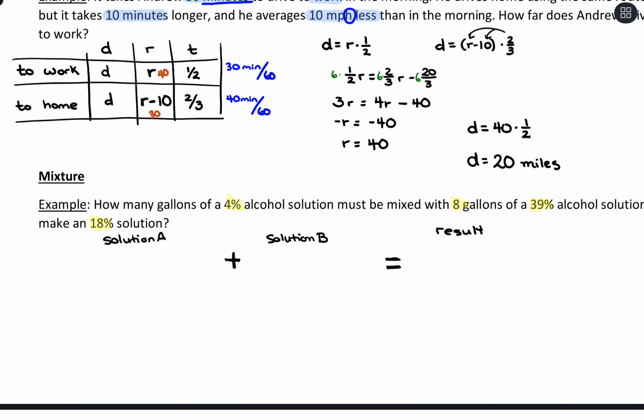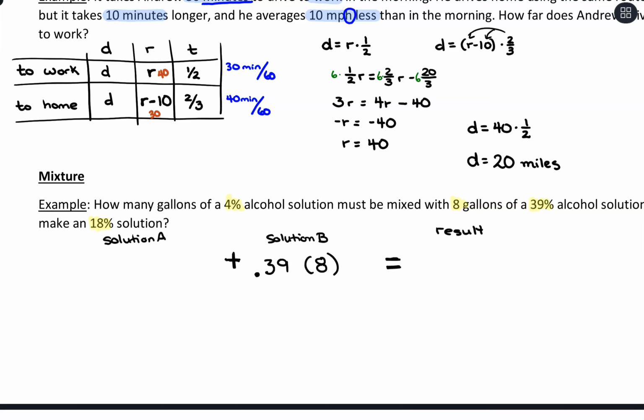So like 8 gallons of a 39% solution. So the amount of alcohol is 39% of 8, which when we work with percentages, we need to use the decimal form. So like that would be 0.39 of 8. So that would tell me how much alcohol is coming from solution B.